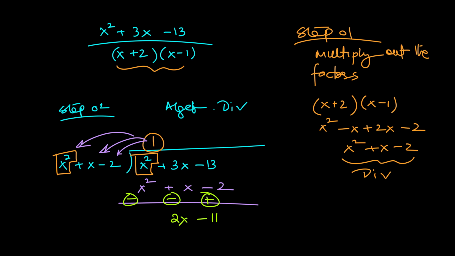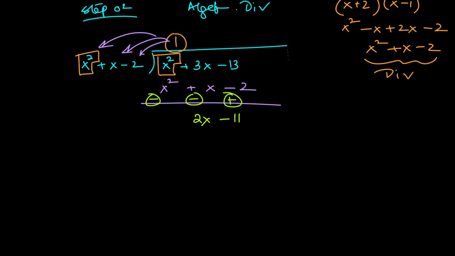So now what do we need to do? We should separate out the things. The quotient is 1. The divisor is x squared plus x minus 2, which was obtained from x plus 2, x minus 1, so we have the factorized form.